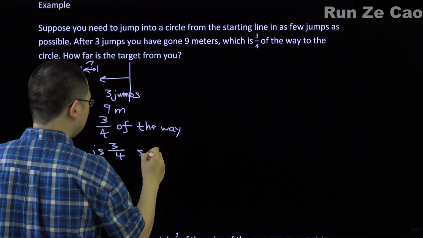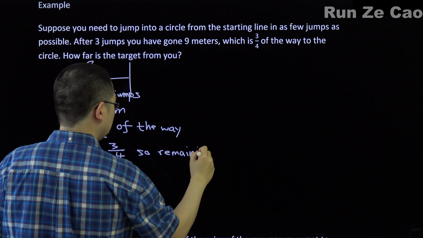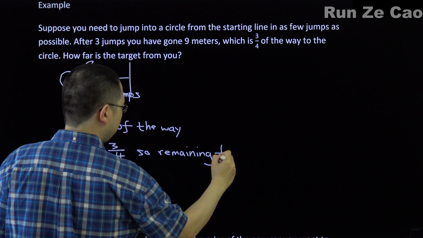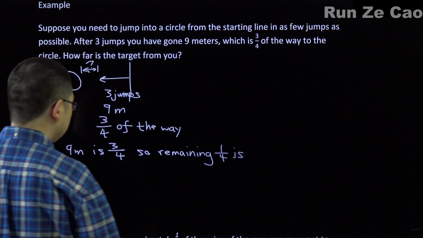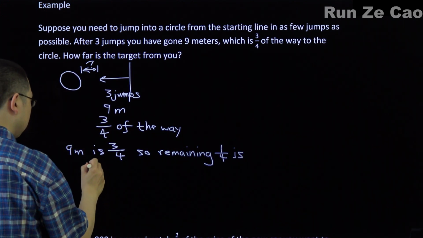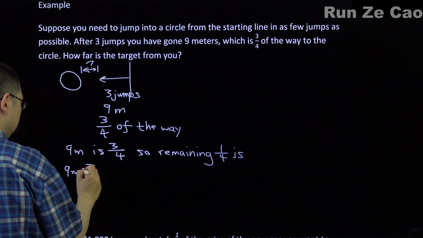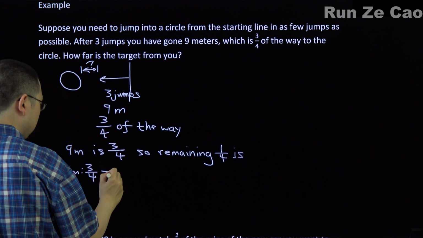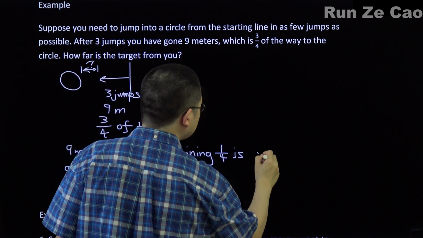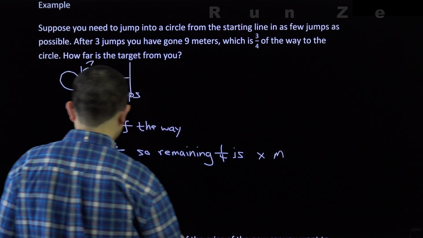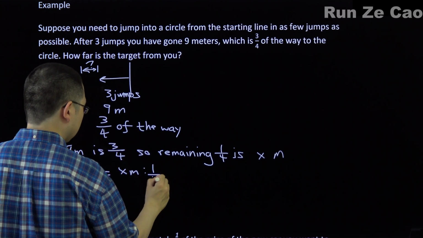So the remaining 1/4 is, by this proportion, 9 meters to 3/4 is equal to, the remaining 1/4 is, say it's x meters, okay? x meters to 1/4.